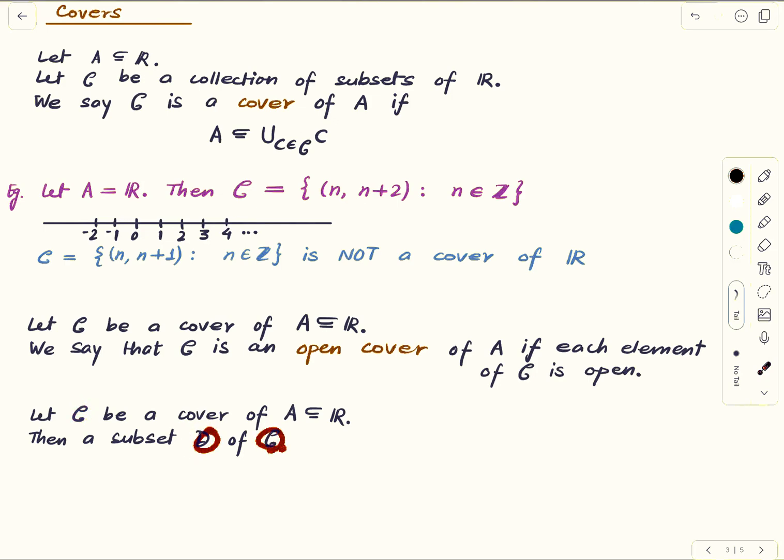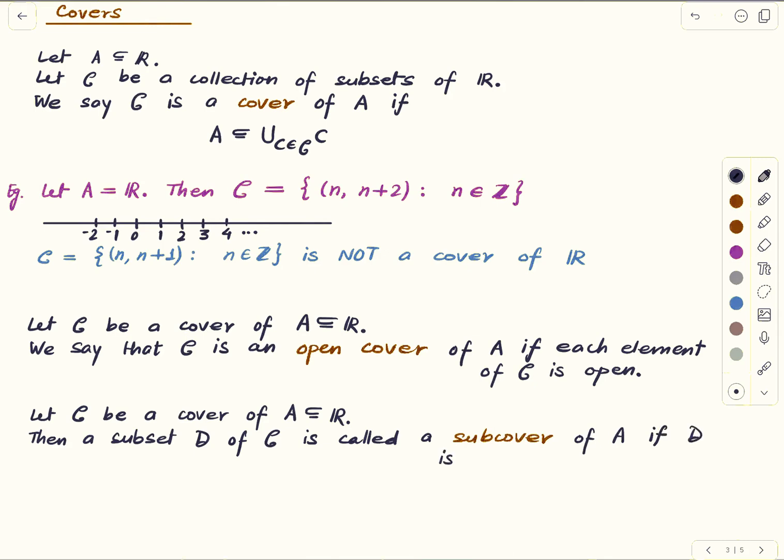So a subset D of C, or you can also call it a subcollection, is called a subcover of A if it is also a cover of A. A very, very simple definition.